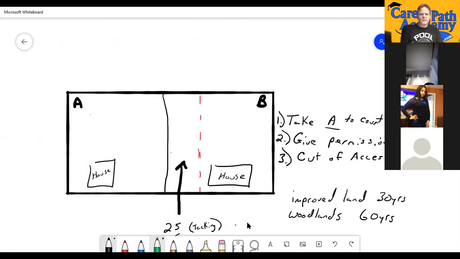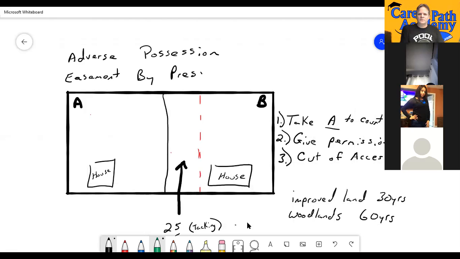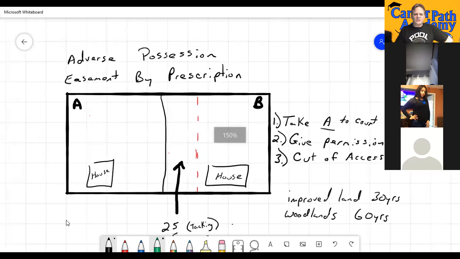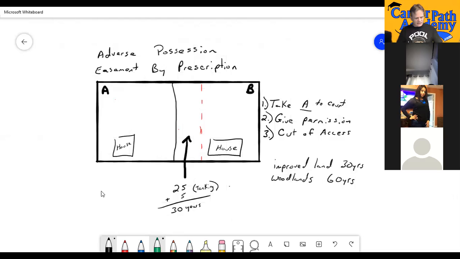All right, so this is for adverse possession, and this is an easement by prescription. They call it an easement by prescription because you have to reach that prescribed period of time before you could perfect such easement.